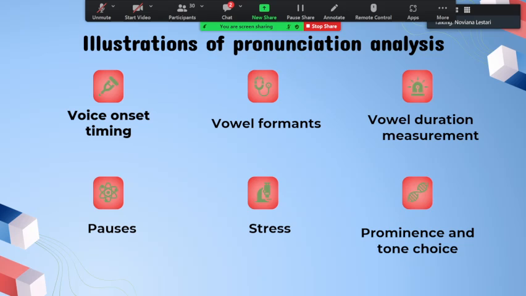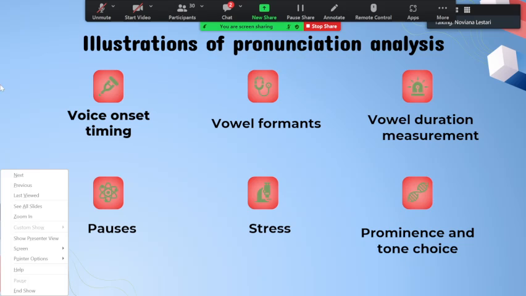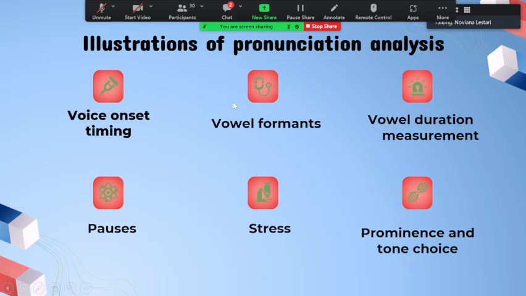The fourth is pauses. Measuring pause duration is fairly straightforward because one can easily see the exact location of the pause from the amplitude and pitch analysis or from the spectrogram. And then stress. The stressed syllable in a given word is identified as the syllable that typically has the highest value in the following categories: length, pitch, and amplitude.